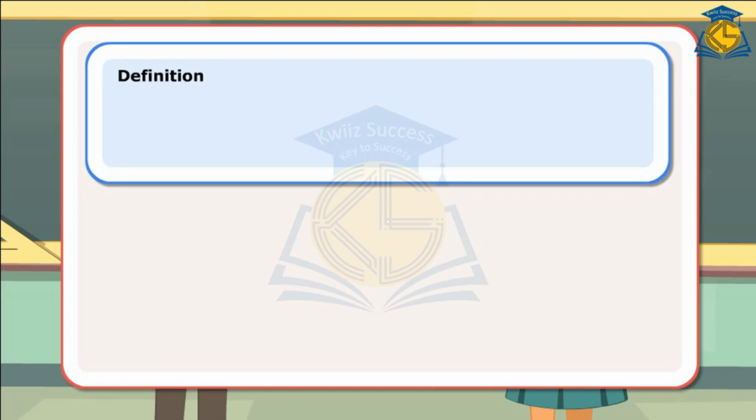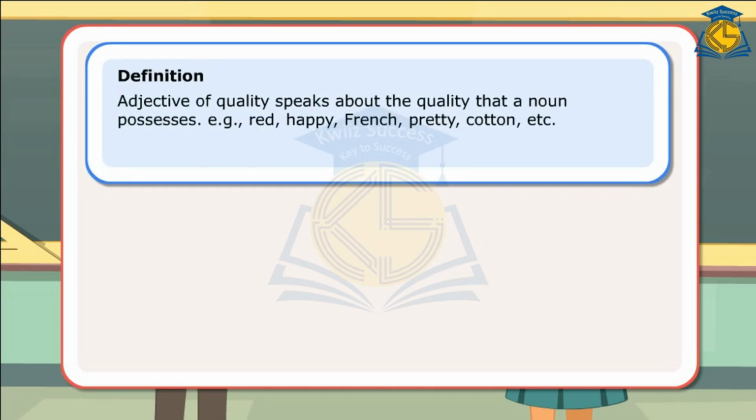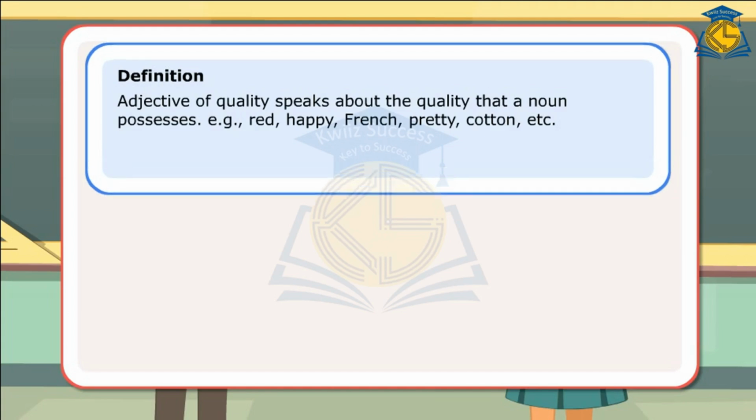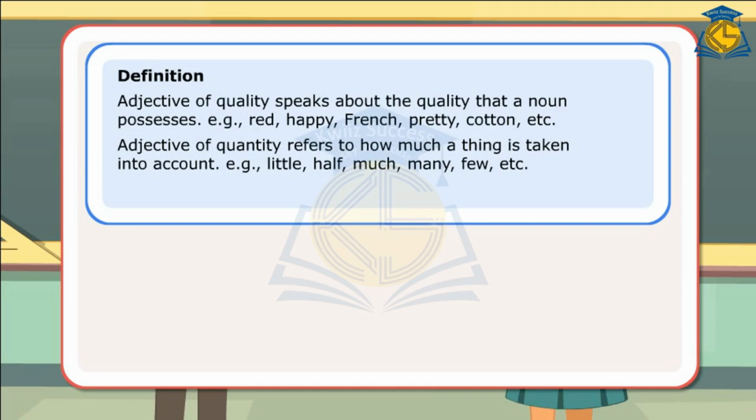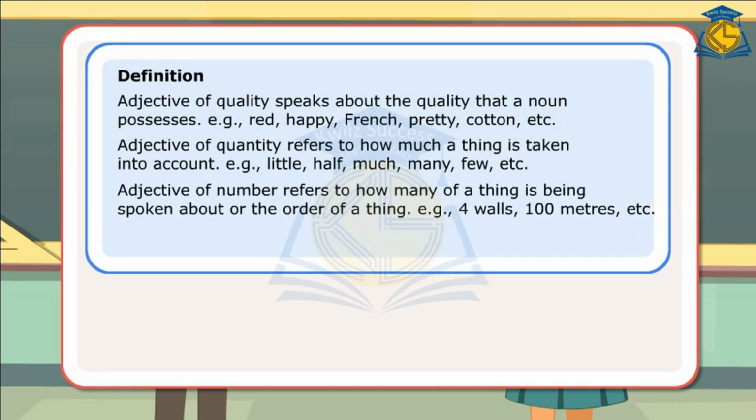In the conversation, Atul and Ritu have used different words to tell about the quality, quantity, number, possession about a specific or many objects. The words this, beautiful, some, my, many, for, what, your, pink are examples of different kinds of adjectives. Definition. Adjective of quality speaks about the quality that a noun possesses. Adjective of quantity refers to how much of a thing is taken into account. Adjective of number refers to how many of a thing is being spoken about or the order of a thing.